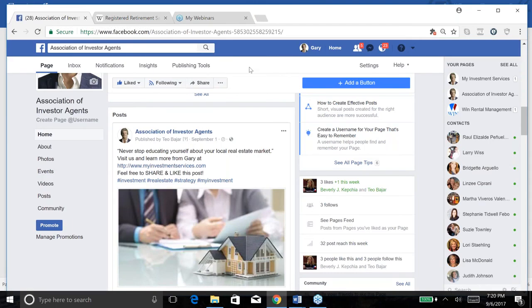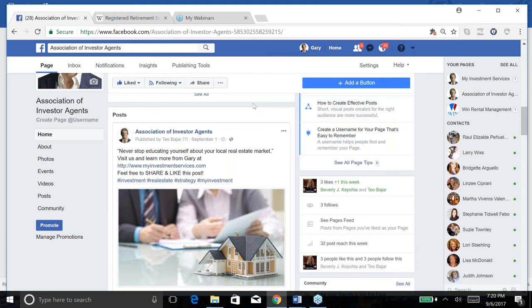All right. If you look here, guys, you're going to see Association of Investor Agents. The weird thing is, guys, I actually created this probably a year or 2 ago and kind of forgot about it because we were so focused on the training program. Throughout the training program, you do earn a certification, and it does entitle you to be part of this page.